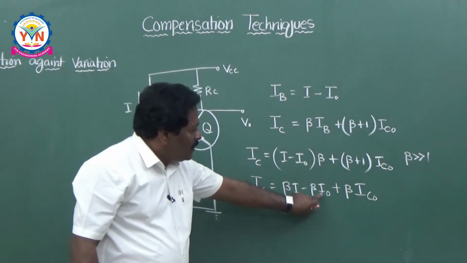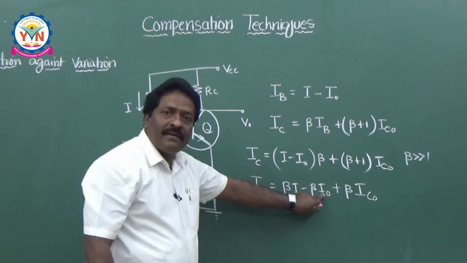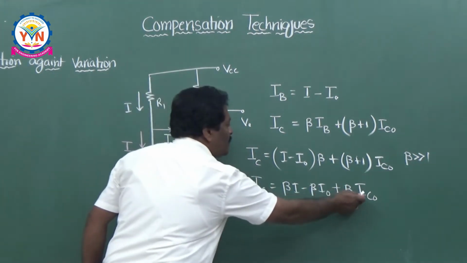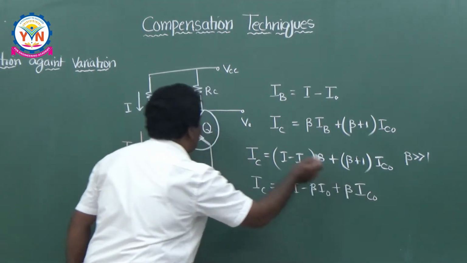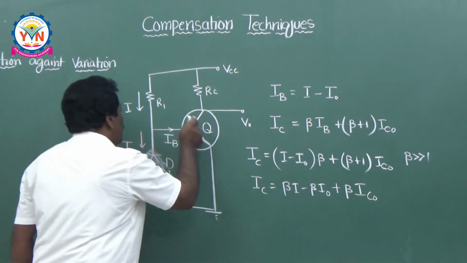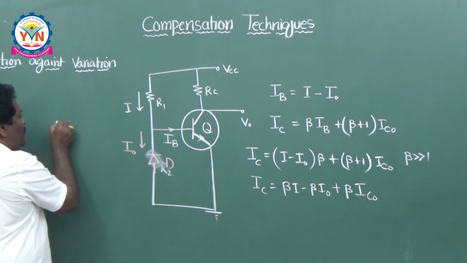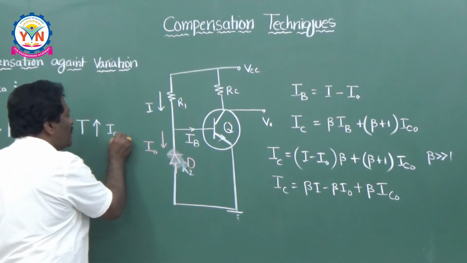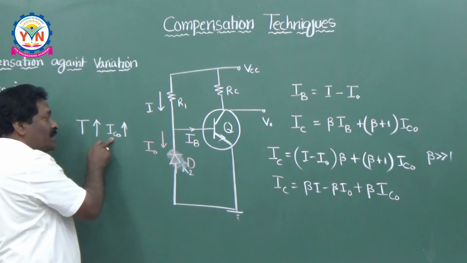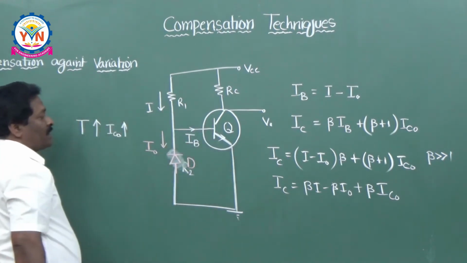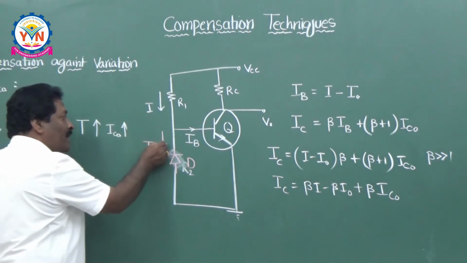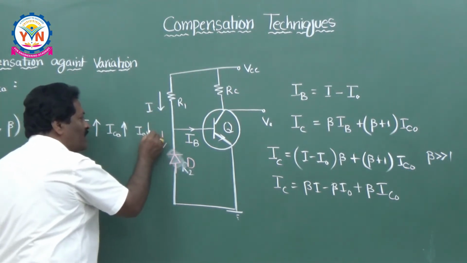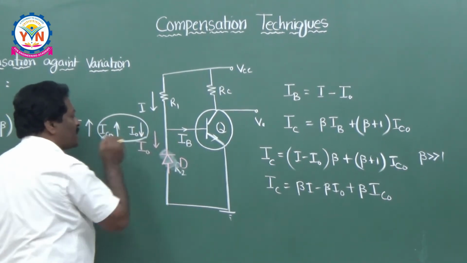You see, what is I naught? I naught is nothing but the current in the reverse bias diode. This is I naught. And what is IC naught? Reverse saturation current in your transistor. So, here what happens? If temperature increases, IC naught increases, that means reverse saturation current in your transistor increases, and I naught also increases, but in the opposite direction, both are opposite always.